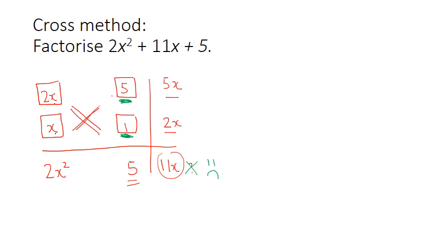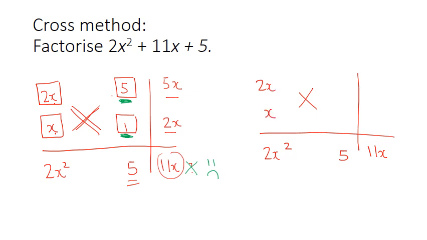Now, let's try another combination of the factor. We might have to turn it around sometimes to see whether it matches our original expression. So let's write down the question again. We have 2x and we have x. But now let's turn the factors on this side around.